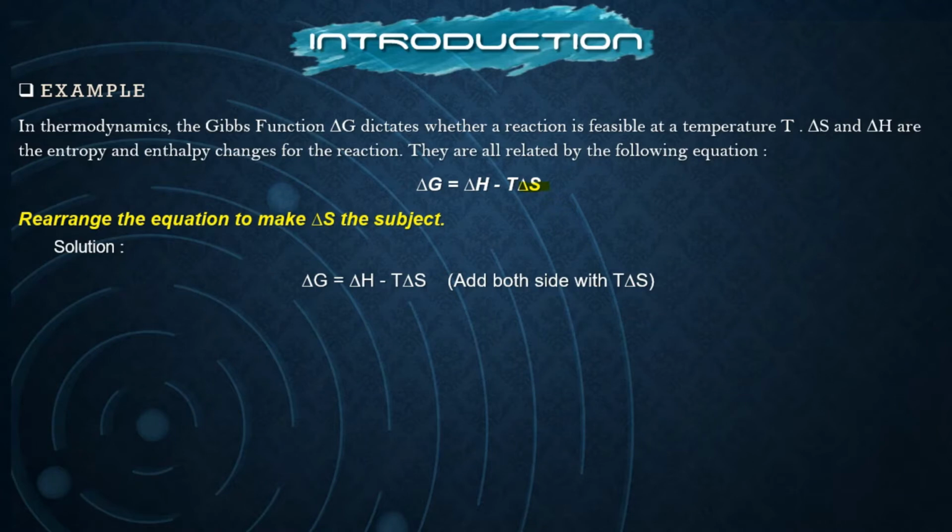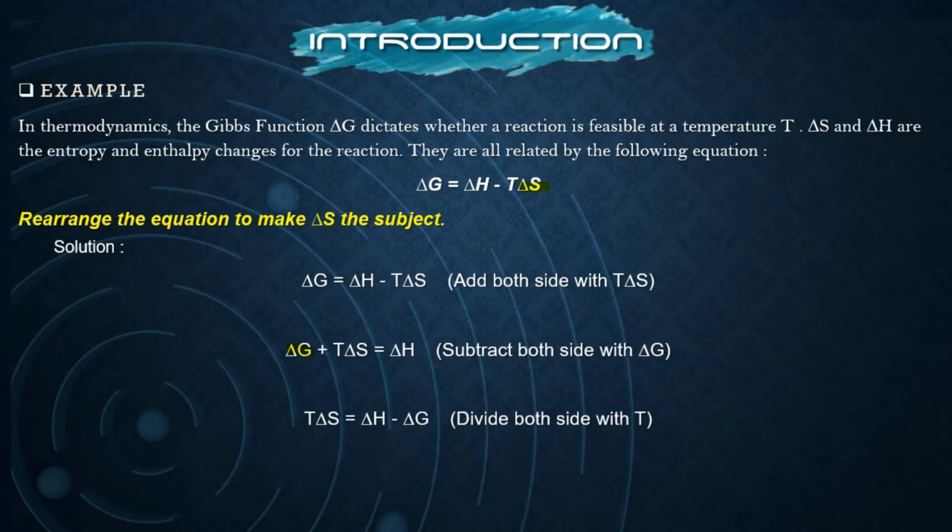In order to do that, we need to add T delta S to both sides. Second, we need to remove this G and put it on the right hand side. So in order to do that, we need to subtract delta G from both sides.